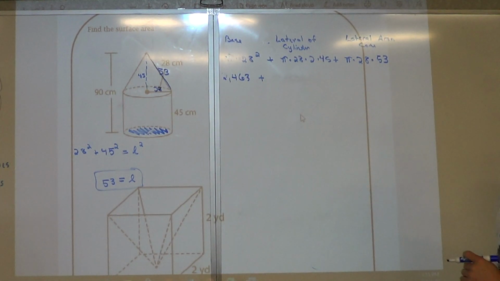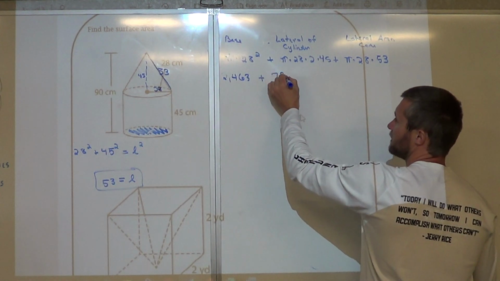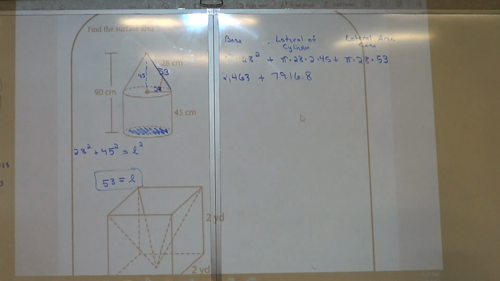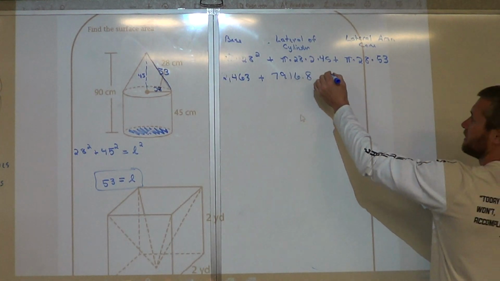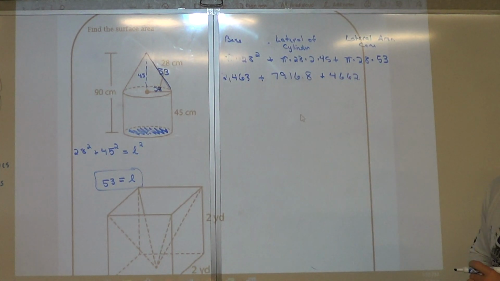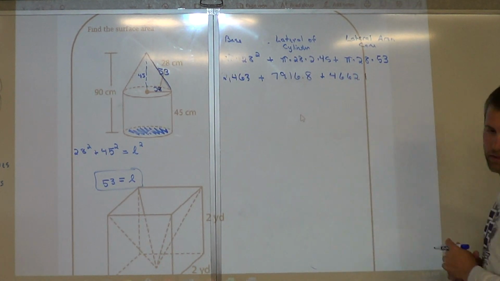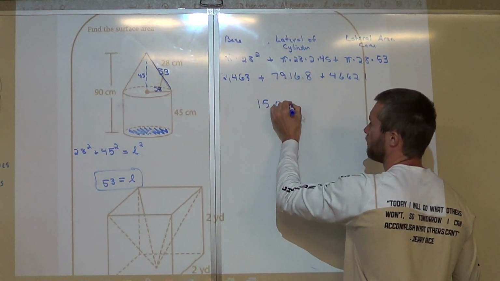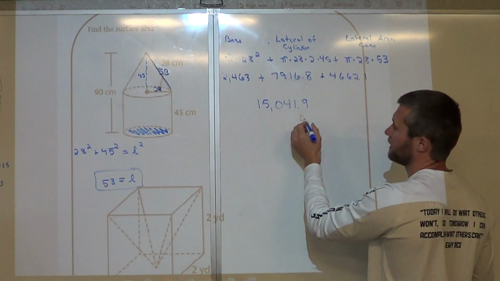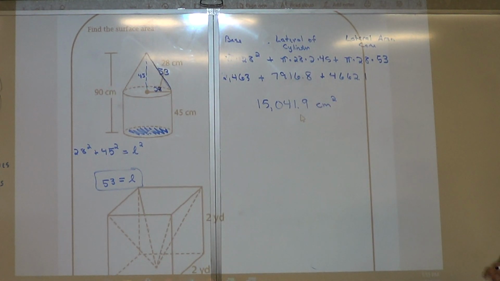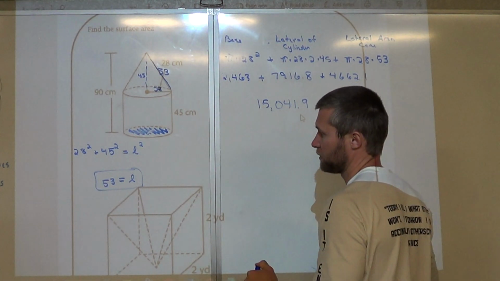This is equal to 7,016.8, 916.8, and this is 4,662.1. Then we add these all together, and we get 15,041.9, and again, this would be centimeters squared. So break it down into the different objects that are overlapping or not overlapping as you look at it.